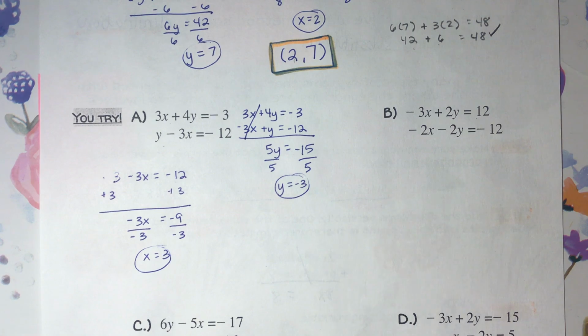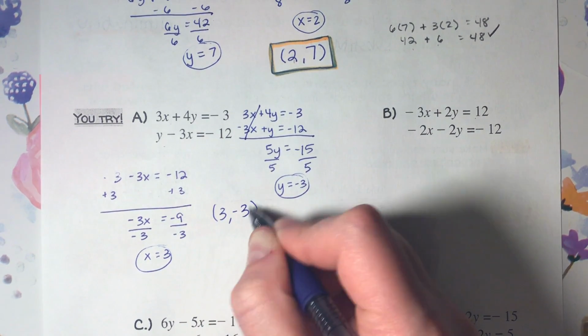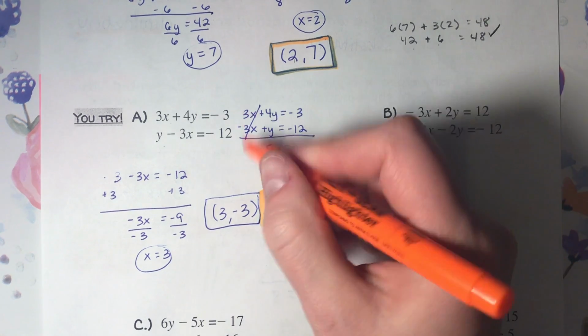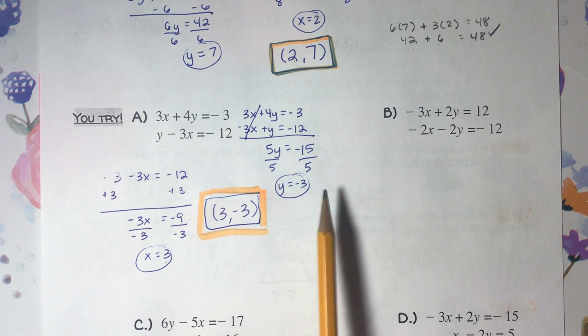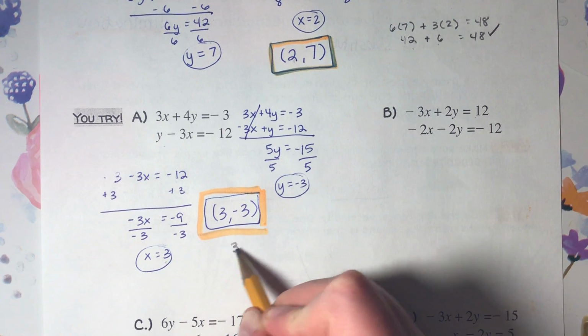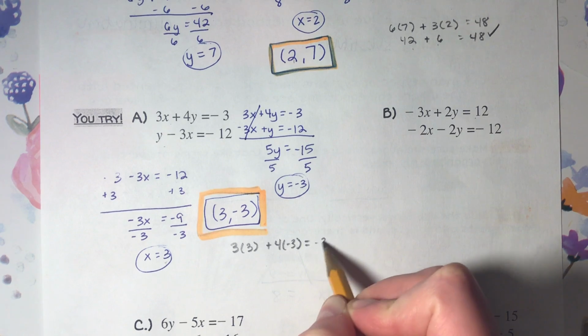So now I have my ordered pair of 3, negative 3 for my final answer. But like usual, we should go ahead and check this real fast. So just over to the side, replace the x with the 3 and replace the y with negative 3. So that's going to be 3 times 3 plus 4 times negative 3.